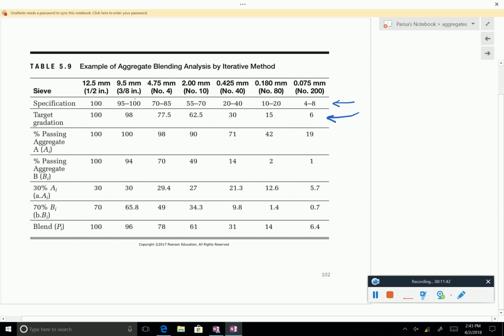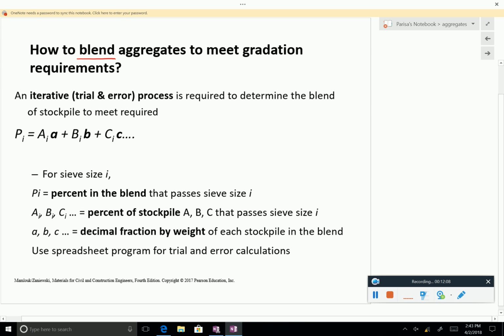So we have the gradation of A and of B. It's written in this horizontal line. You see percent passing of A, percent passing of B. And then we are considering a blend which has 30% A plus 70% B. Looking back at the formula, this is like this, small a, small b.